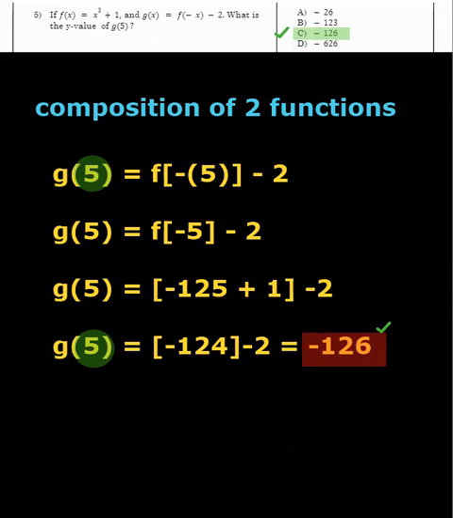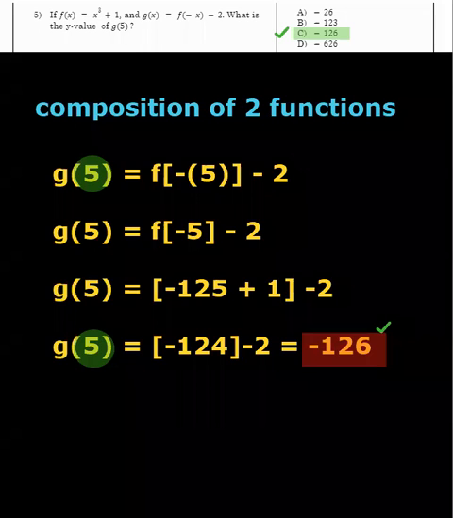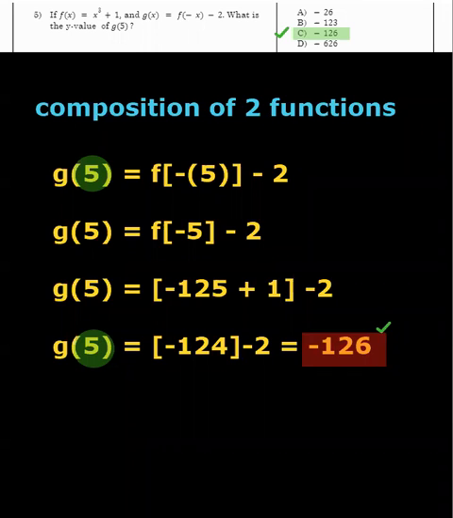Question 5. If f of x is x cubed plus 1 and g of x is f of -x minus 2, what is the y value of g of 5? So similar to the previous problem, here we're going to plug in 5, but then we have to evaluate f of -5. Well, we have to cube the number and then add 1.